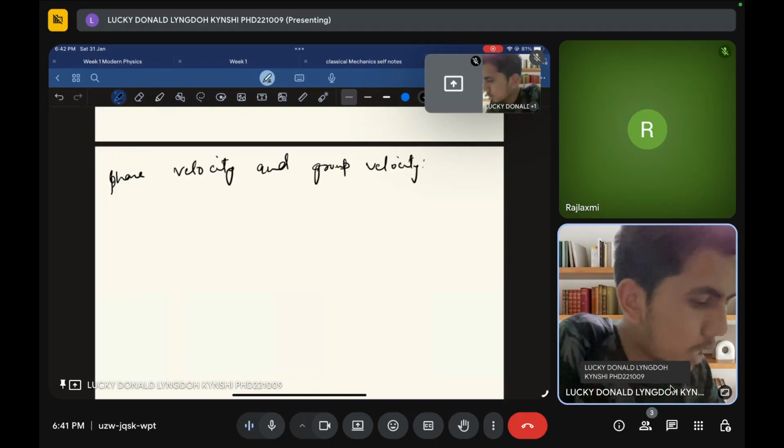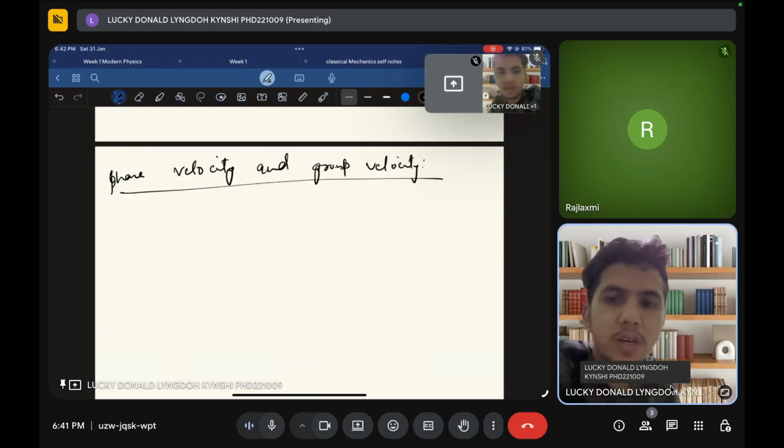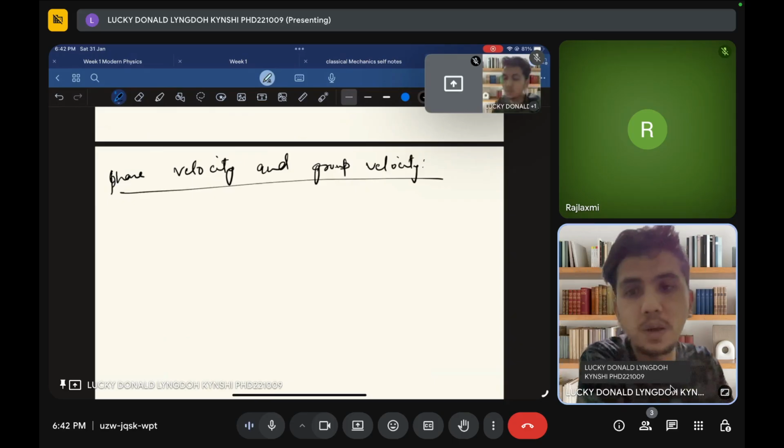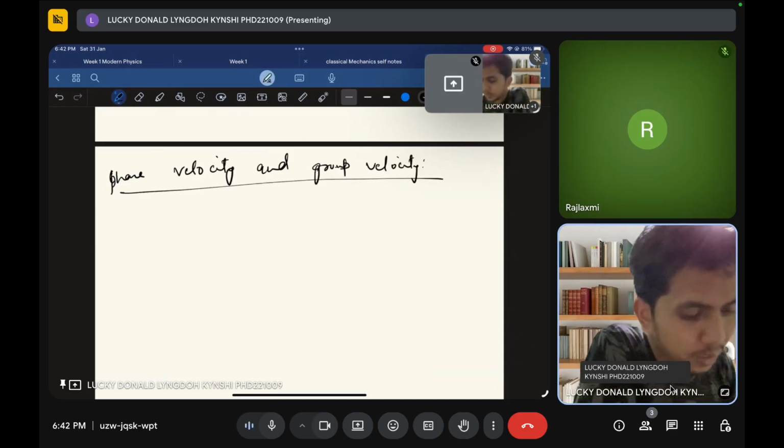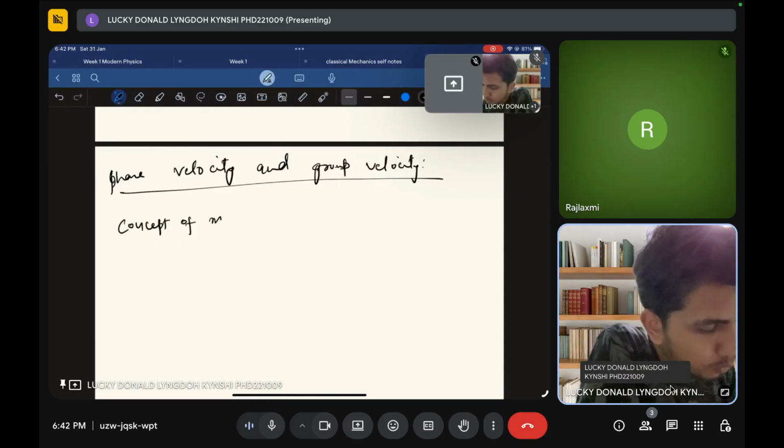I'll just give you the formula. I don't have time to go into the detail of it, but again I'll give you the reference for it: Concepts of Modern Physics, Arthur Beiser.